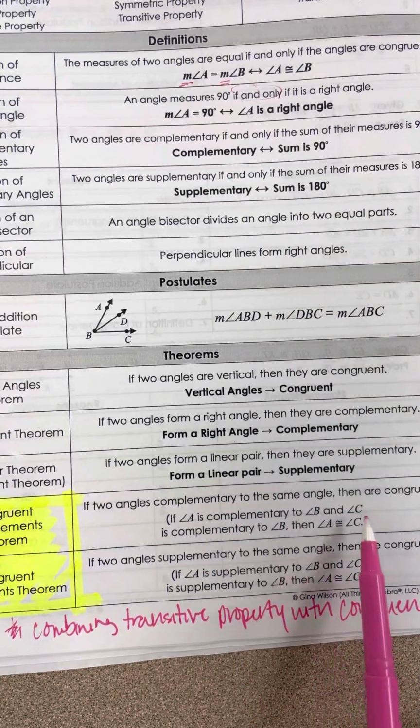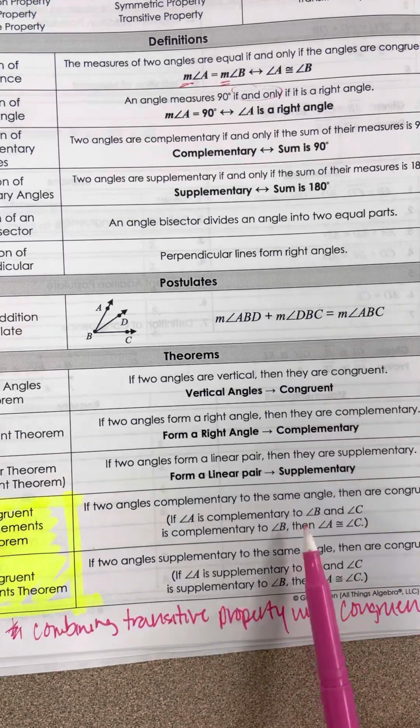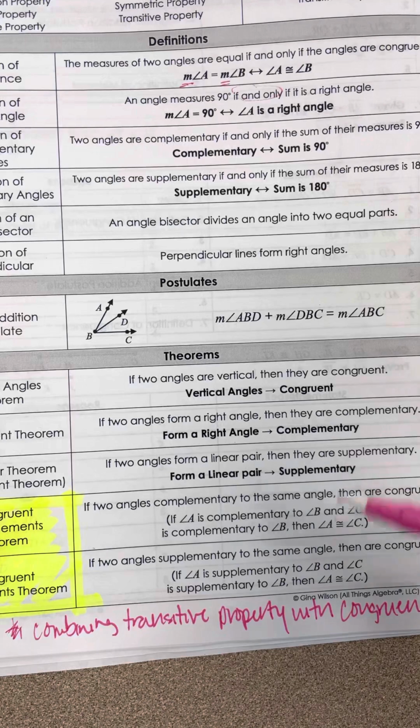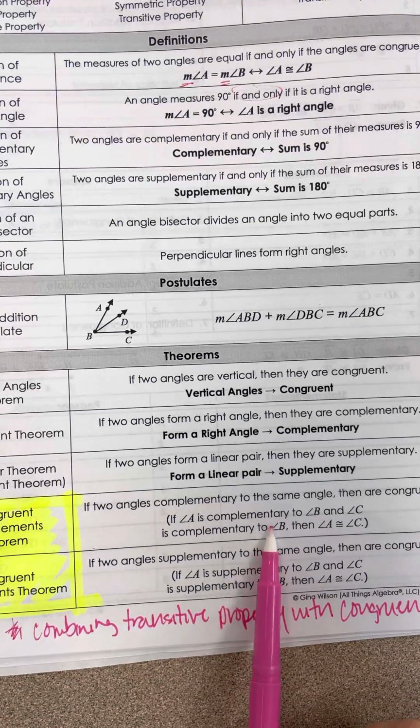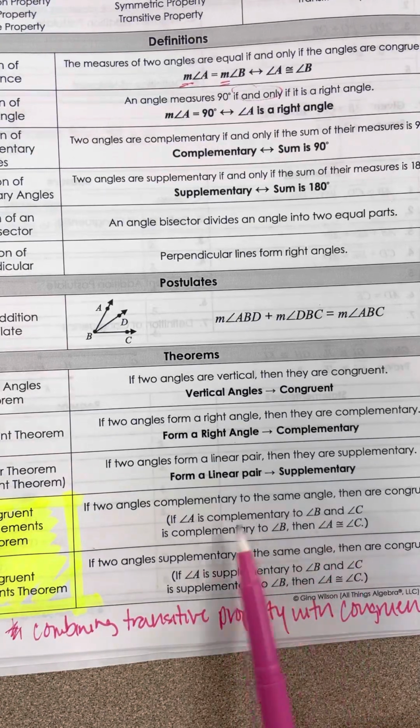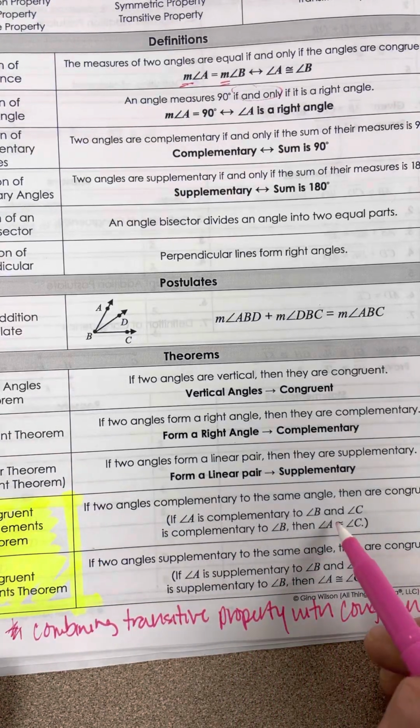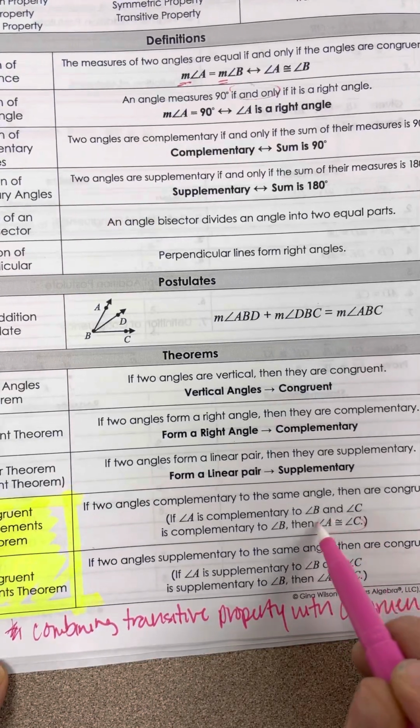A and B, C and B, and now that B is the same, I can now say angle A is congruent to angle C. So to me, it looks transitive, but it's congruent complements theorem because remember, in transitive properties, it's all about equality, but it looks very, very similar to this, okay? So if they're complementary to the same angle, then we can claim this congruency statement.